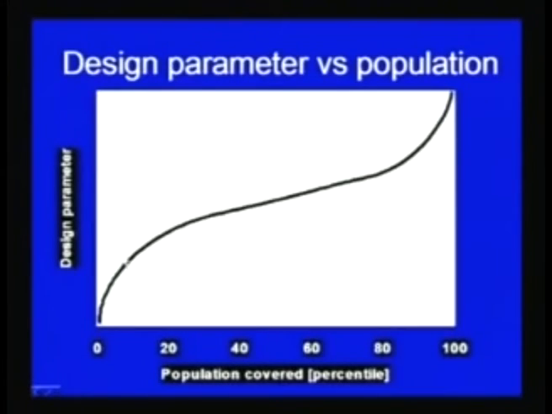Normally, the 5th percentile to the 95th percentile of the people are targeted to be covered in designing engineering systems.